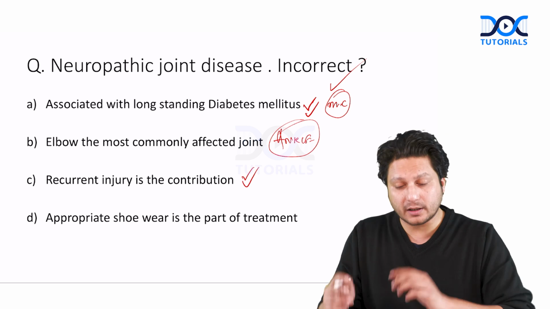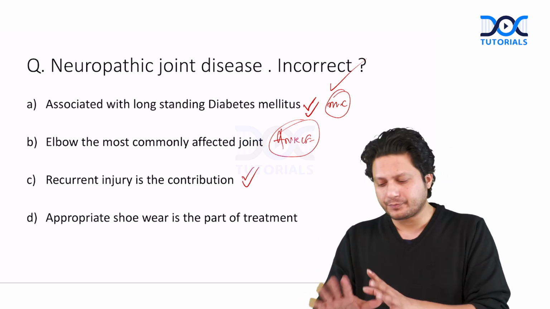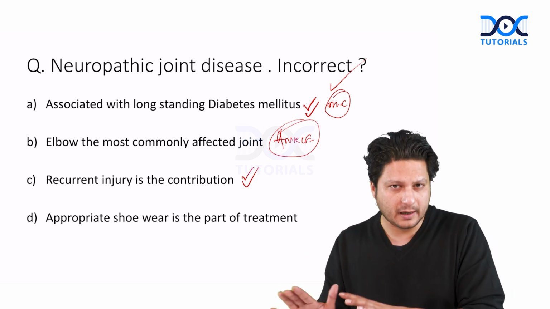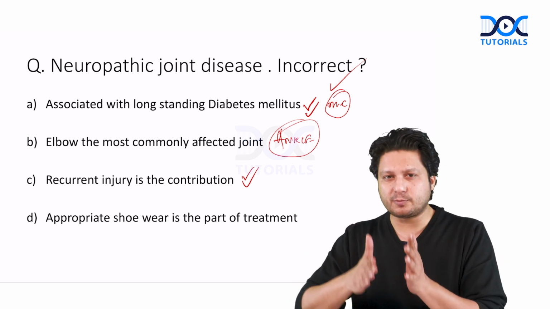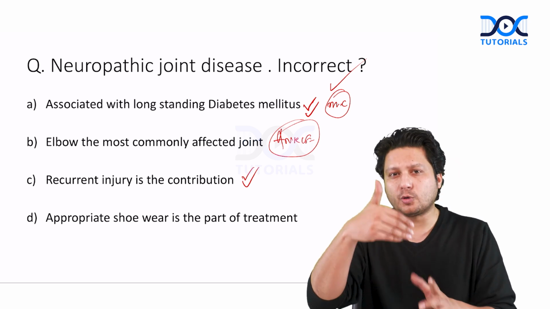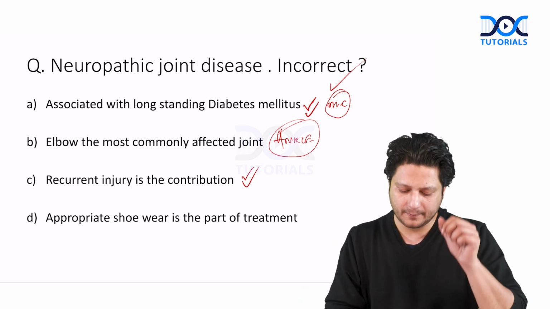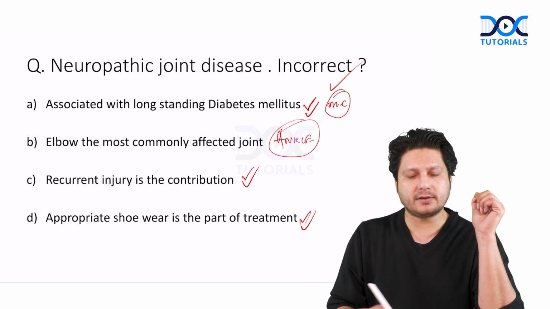Recurrent injury is a contribution. You know, once there is a loss of two protective sensory pathways, one is pain, other one is proprioception, then this ankle or this foot will be subjected to repeated injuries, leading to these degenerative changes in the joint. All right. Appropriate shoe wear is a part of the treatment.